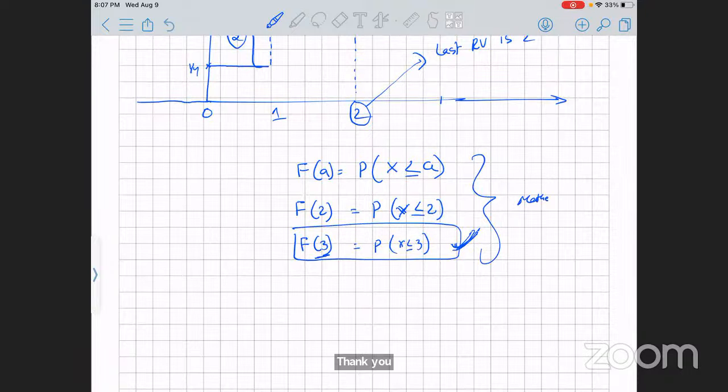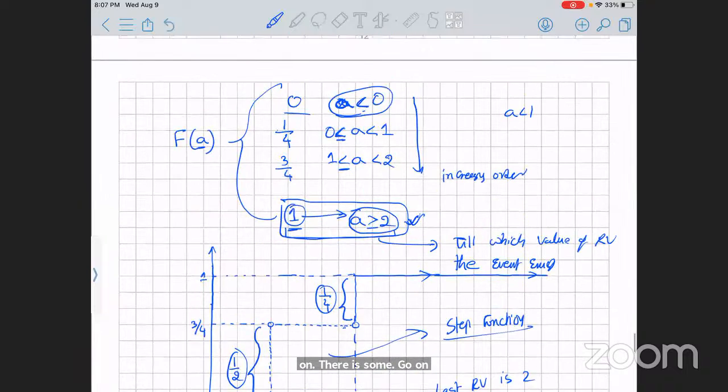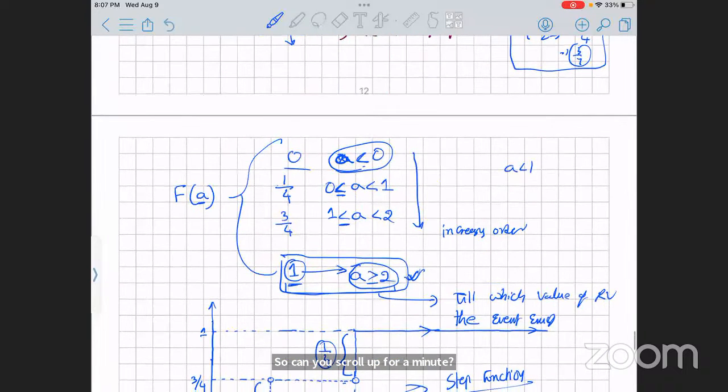Okay, these are the contents that we will do one problem on. Could you please scroll up for a minute? So what have you done, sir? What is the question: till which value of the random variable?